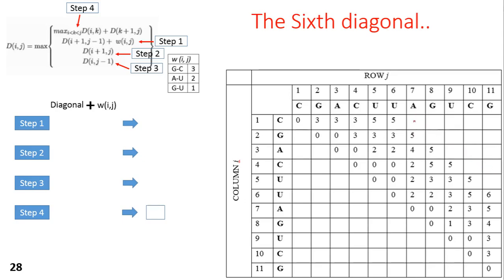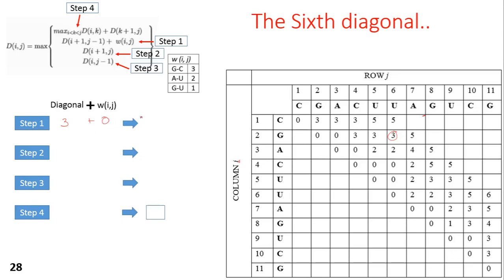Okay, so for populating this box in your S matrix, what do you require? You require the previous diagonal box. Value at the previous diagonal box is 3. Now can we add any weight value? Okay, for that we need to consider this box is base pairing of A with C. Do we have anything with A? A does not pair with C, therefore weight value would be 0, right?